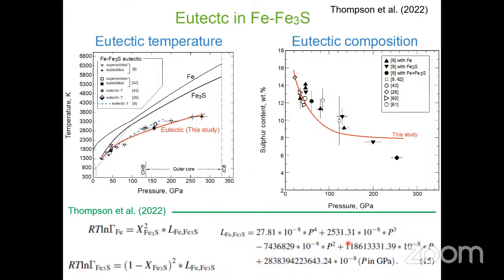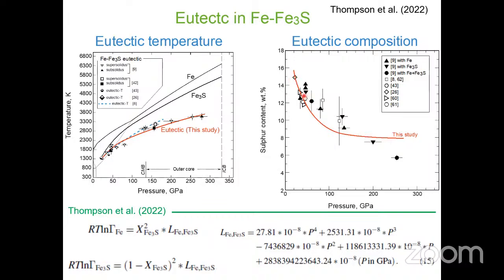And then we calculated the eutectic composition. This is sulfur content versus pressure. Experimental constraints are plotted here, and they show a kind of linear decreasing trend. Our thermodynamic calculation shows a kind of quadratic behavior, getting leveling off.